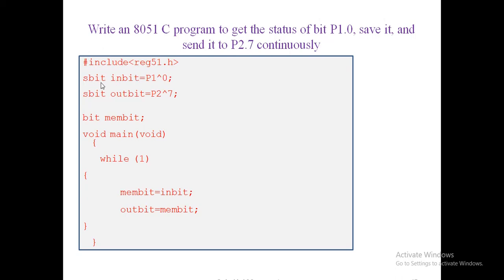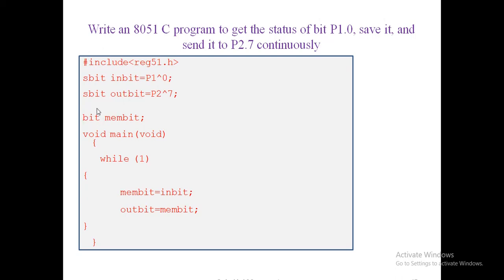So here sbit, P1^0: I get the status of the bit, whether it is 1 or 0, and assign P1^0 to inbit. This is the name I assign to this pin. sbit outbit is equal to P2^7, so this pin is assigned the name outbit.